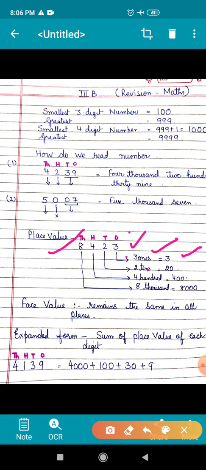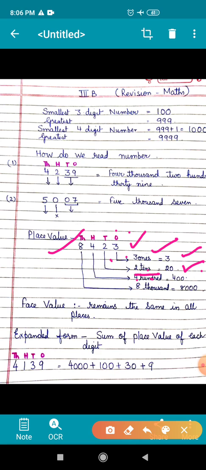Now just have a look at tens place. The digit 2 is on tens place, so place value of 2 will be 2 tens, or you can write 20. 2 tens is equal to 20.